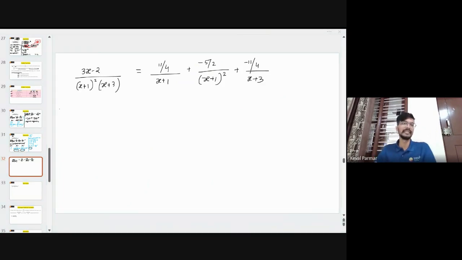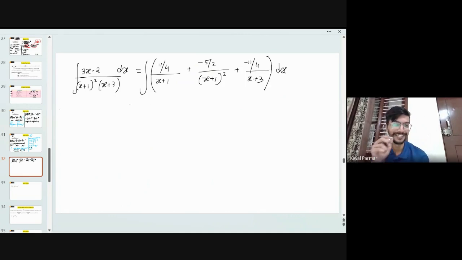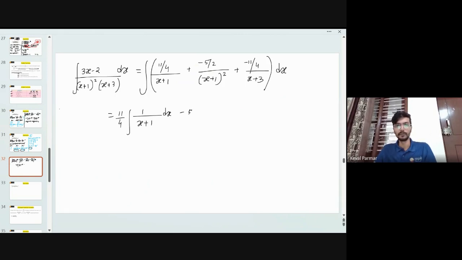That means we integrate this with respect to dx. So we are very close to the end of the question. What will I get? I can write it as 11 upon 4 integration of 1 upon x plus 1 dx, minus 5 upon 2 constant, integration of 1 upon (x plus 1) the whole square dx, minus 11 upon 4 integration of 1 upon x plus 3 dx.